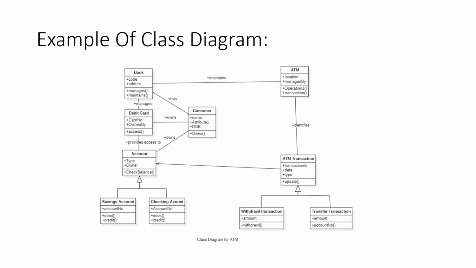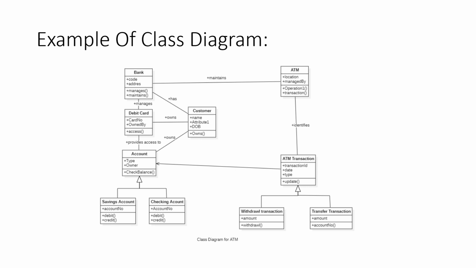As we can see, the second class is called ATM transaction. ATM transaction has three attributes. First is transaction ID, then the date and the time. These three attributes give us information about that ATM transaction, and the operation for that class is update.